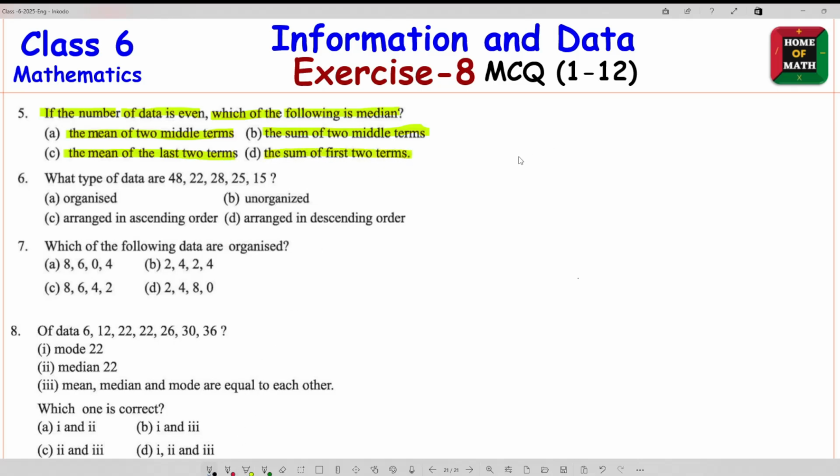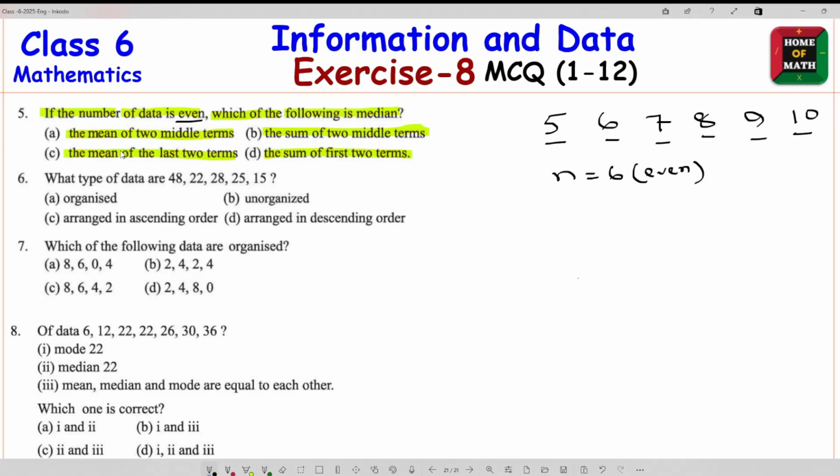But let's check by example. Suppose 5, 6, 7, 8, 9 and 10. Here 1, 2, 3, 4, 5, 6. As per the question, the number of data is even. n equals 6, which is even. So in this case, the mean of the 2 middle terms.